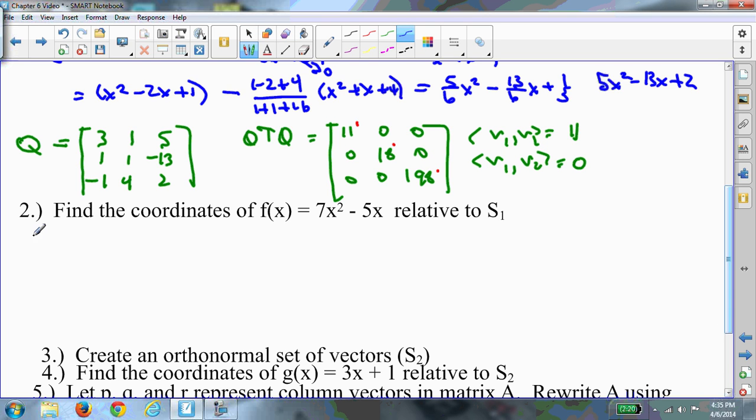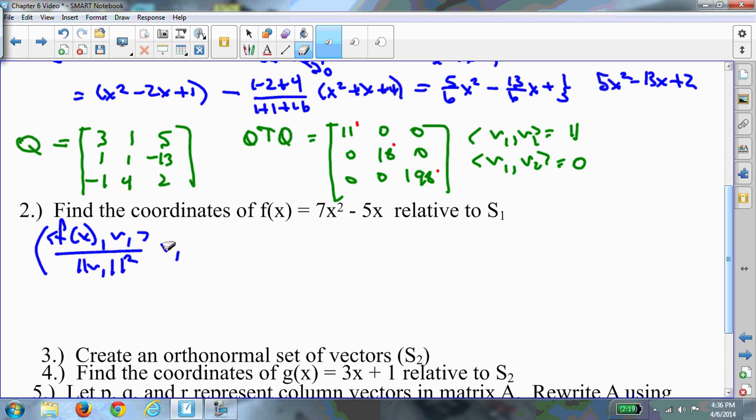So the coordinates for f of x would basically be the projection of f of x onto v1, so the inner product of that over v1 squared. Now if you think about it, normally I would multiply this by v1, but like I said, I'm just interested in how many units in the v1 direction I need to go, which is why we don't have this v1 and we have the v1 squared on the bottom.